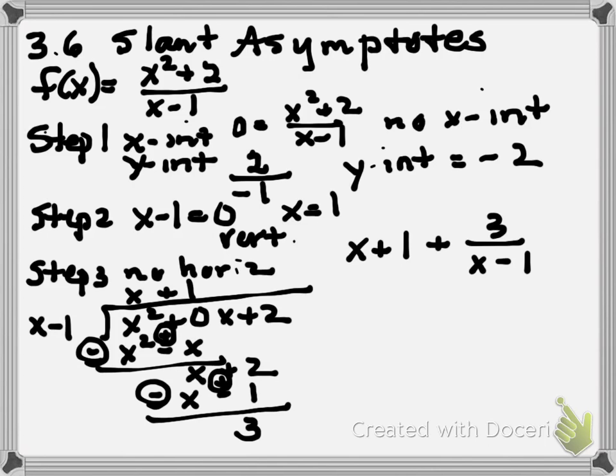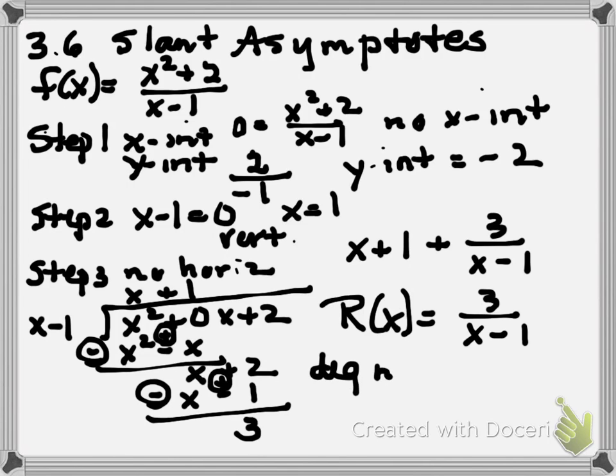So I got x plus 1 plus a remainder of 3 over x minus 1. Now, I'm writing it as r of x for the remainder, being 3 over x minus 1, and the degree of the numerator is less than the degree of the denominator, so we have a slant asymptote.